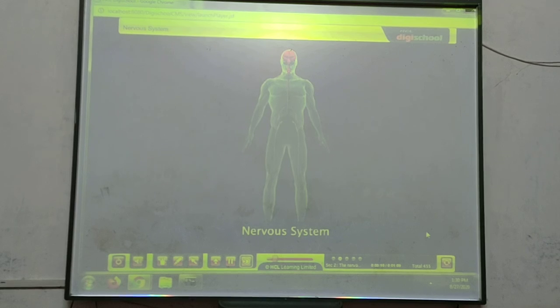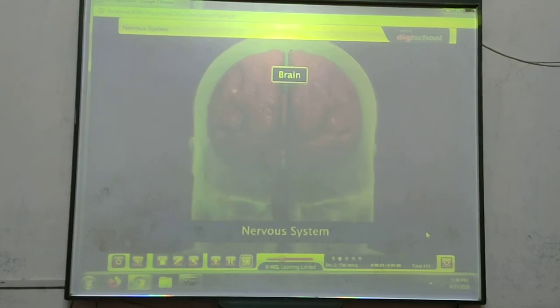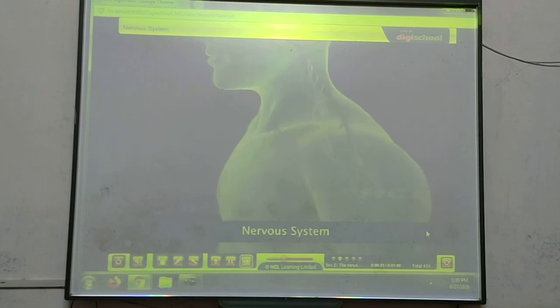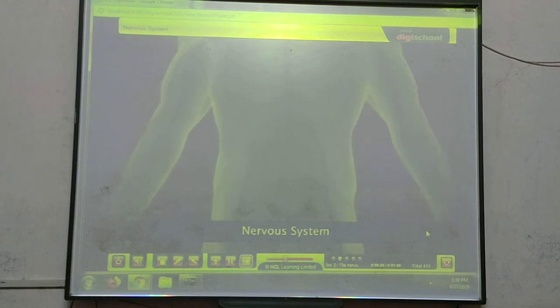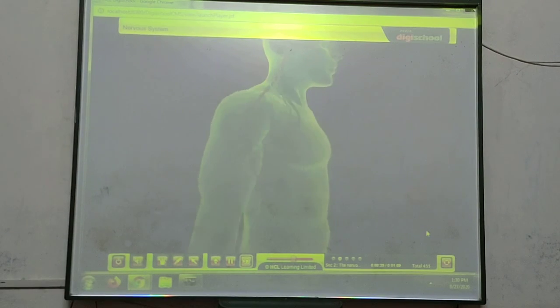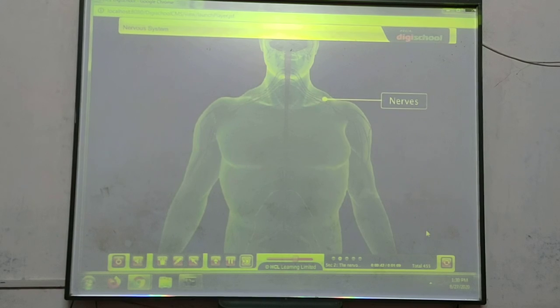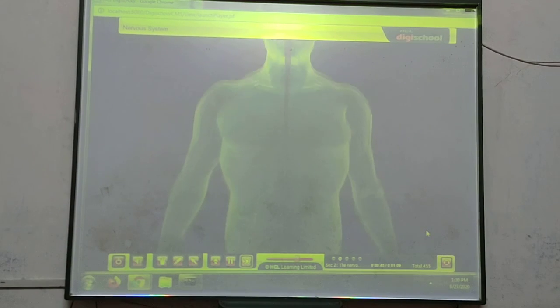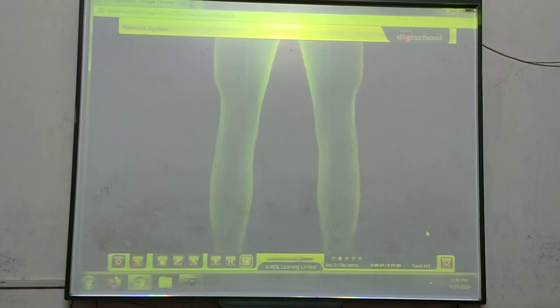...all the functions of the body. The nervous system is the control center of the body. It consists of the brain, the spinal cord, and the nerves which connect the brain and the spinal cord to all body parts.